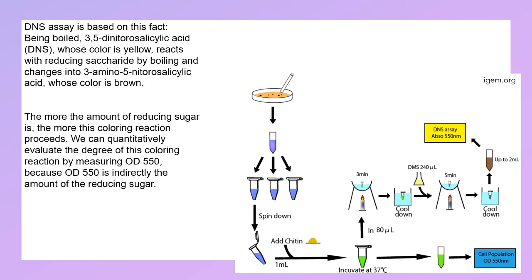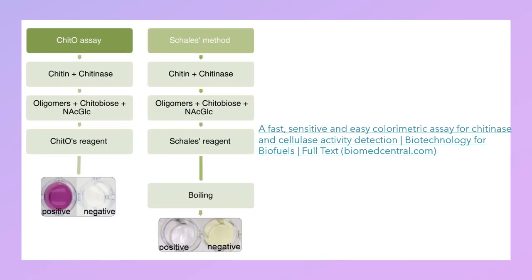So that was about the DNS method. There are some other methods which you can read about on the internet and be prepared for your Viva. These are some different assay methods, the Chito assay and Schales' method. These are also used, and you should know about these methods as well.